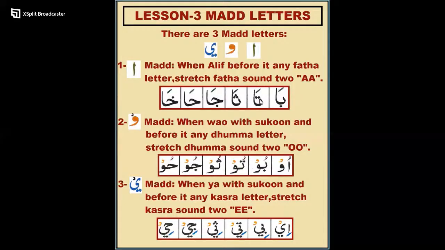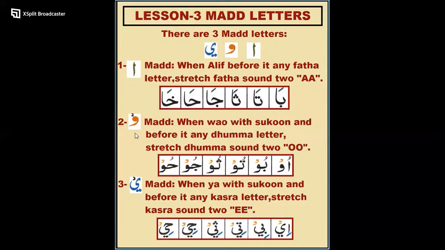Ta alif fatha ta, sa alif fatha sa, jim alif fatha ja, ha alif fatha ha, kha alif fatha kha. When you see all these types of sounds, we call them alif mad sound.